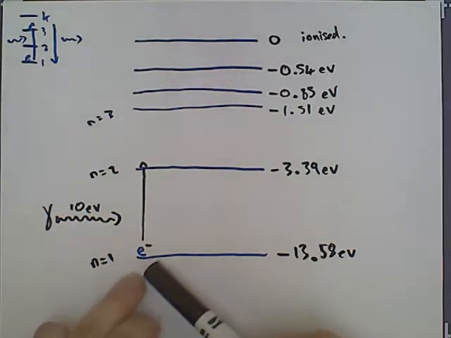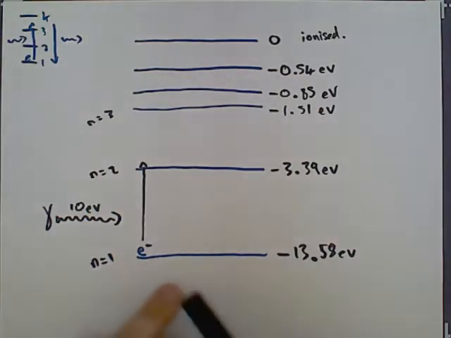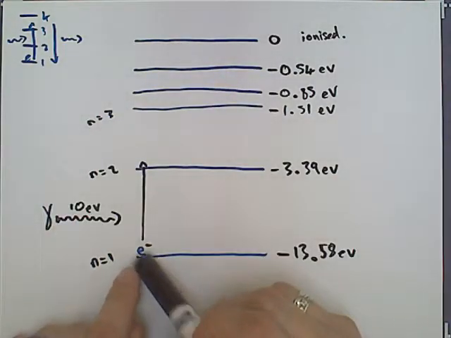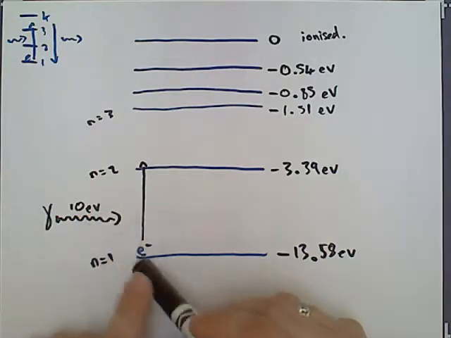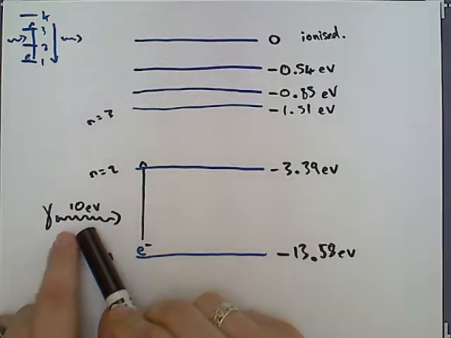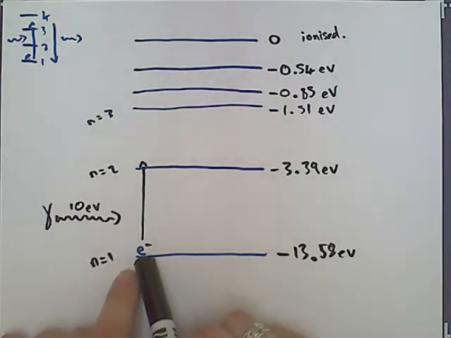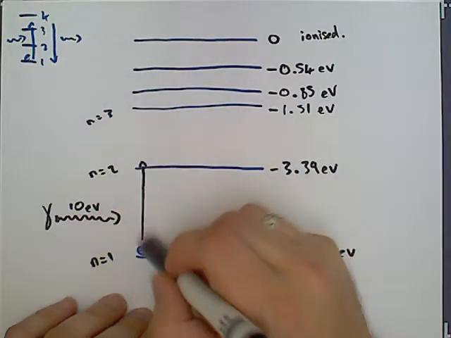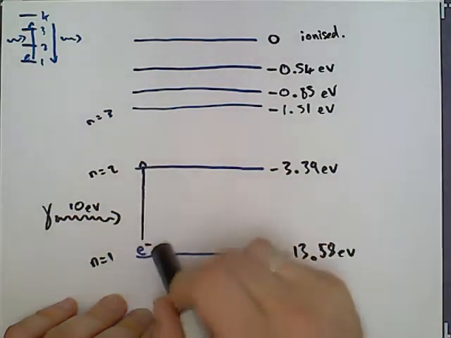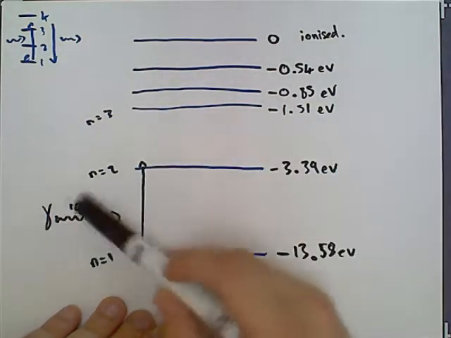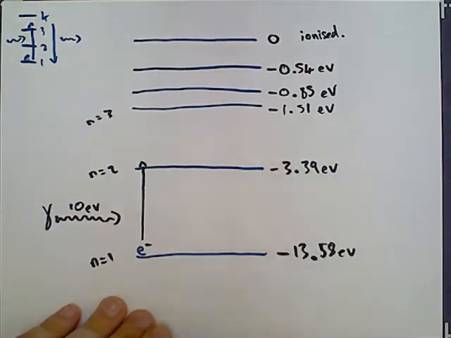Obviously, if one comes in with, say, 12 or more, it can then get to higher energy levels, but it will only absorb very specific ones here. It will only absorb the amount of energy exactly that will allow it to go from there to there. So if it's too much or too little, it won't go. If it's the exact amount, then it will absorb it and get up. That's why I've said this is a roundabout value. Obviously, it's the exact difference between those two.